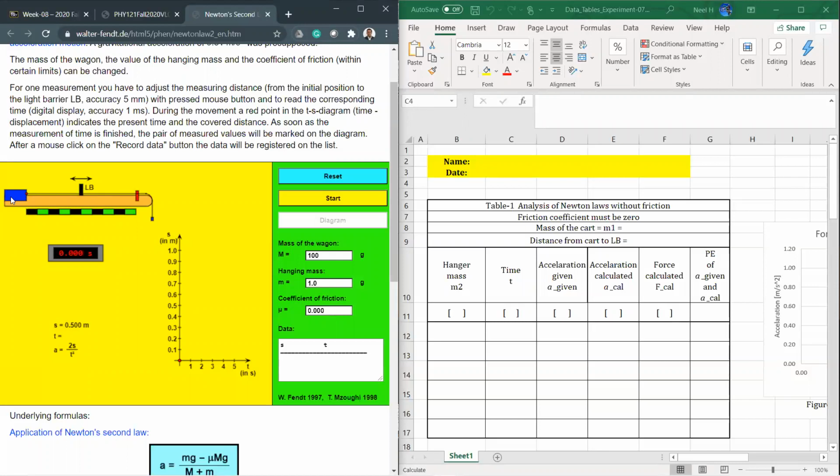If I let the object run, for example, let's click this start to see what's going to happen. You can see object M2 moving downward, and M1, the blue cart, moving horizontally. What this timer is telling you: always when you reset, this blue cart goes to the starting point right here, the very left-hand side corner.